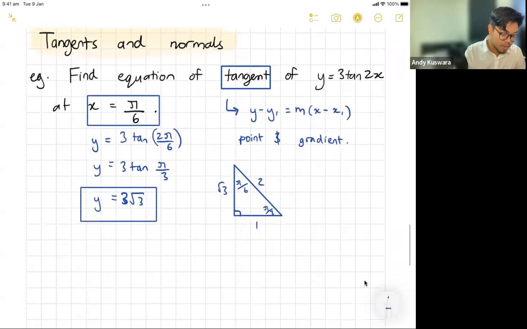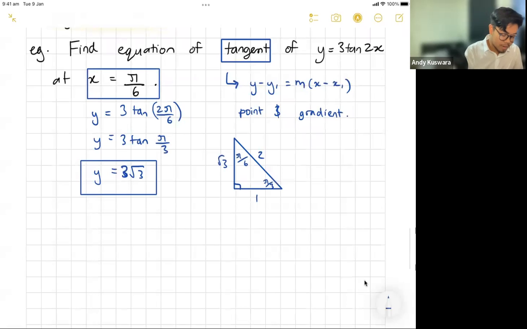Now, how do I find the gradient? Well, I'll need to use my derivative. So my y dash is going to become... Now, remember, I've got 2x in my bracket, so that means that 2 is going to come out to the front as well. My derivative of my bracket, which is 2x, comes out.